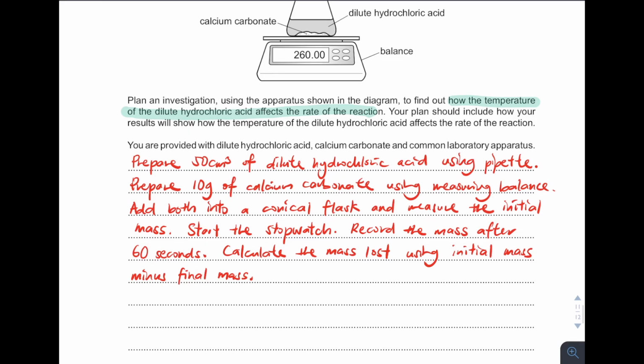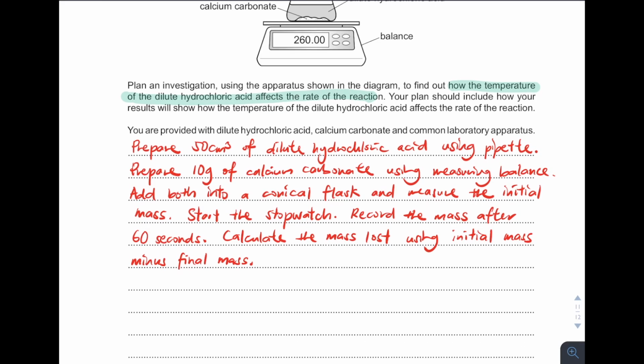And now we have carried out the experiment under one temperature. So next you have to repeat the experiment at a higher temperature or at a lower temperature. Yeah, a different temperature, because now we are testing for the effects of temperature on the rate of reaction.